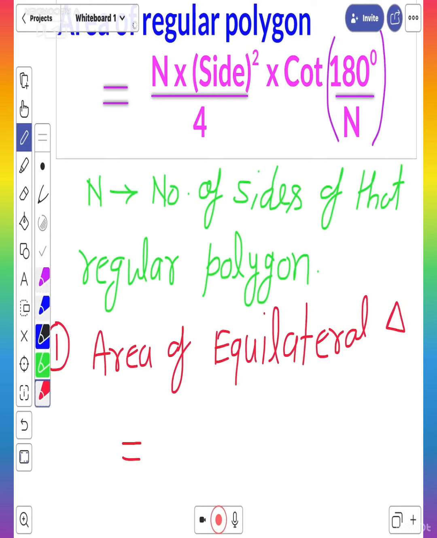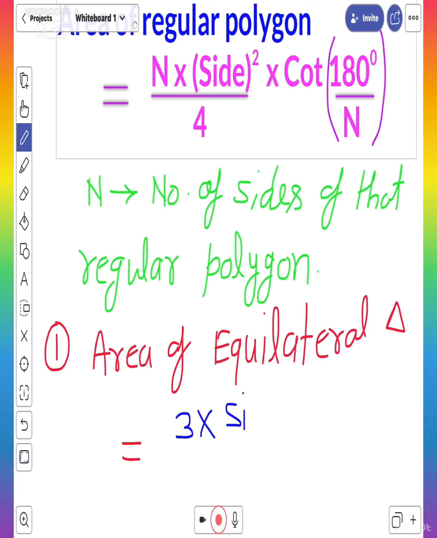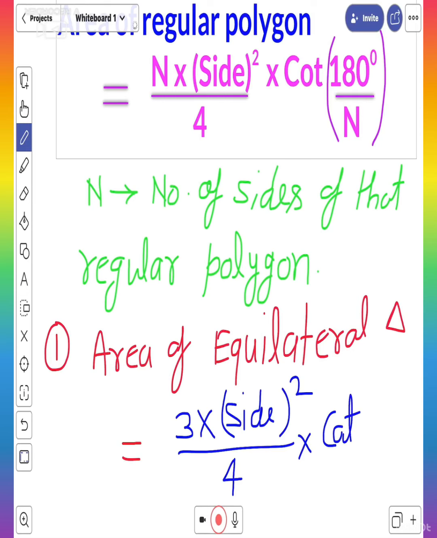So it will be 3 into side whole square divided by 4 into cot 180 degree divided by 3, because the number of sides is 3 for the triangle.